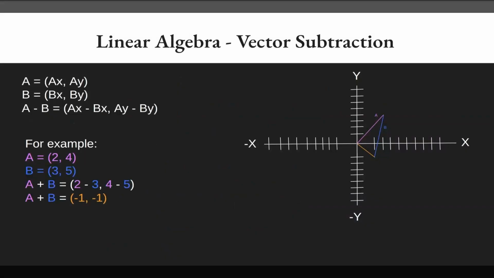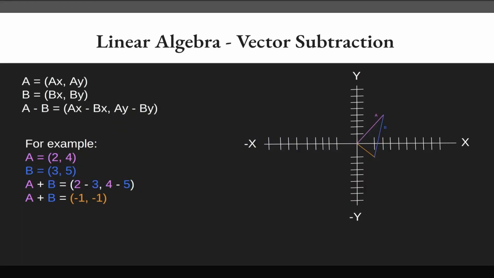Now, geometrically, subtraction is the arrow from B's tip to A's tip. Let's solve it with an example. So plot A is equal to (2, 4), and plot B is (3, 5) on the grid. Draw a vector from the origin to (2, 4), and then draw a vector B from the origin to (3, 5).